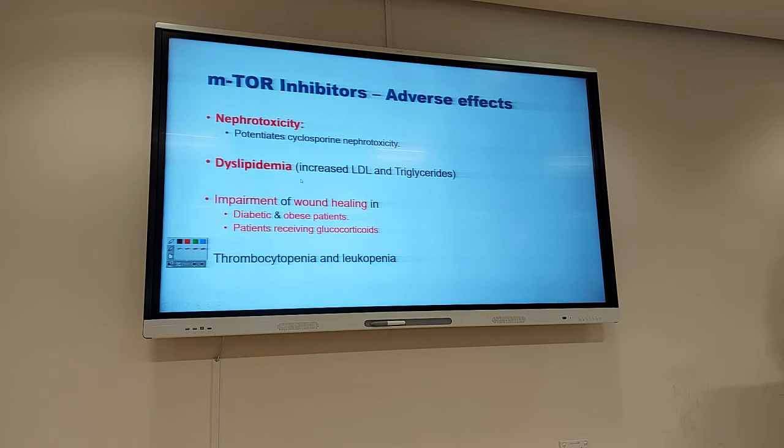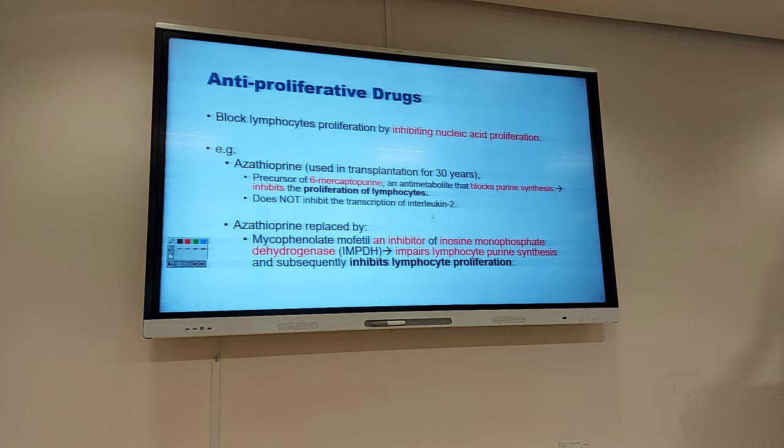It also can cause hyperlipidemia, impaired wound healing in diabetic and obese patients, and also patients who are receiving glucocorticoids. It can also cause leukopenia and thrombocytopenia.